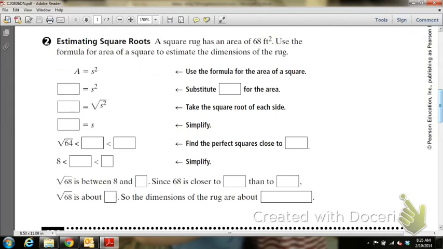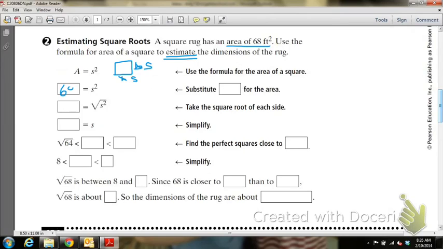Okay, so now we're going to estimate square roots. A square rug has an area of 68 feet squared. Use the formula for area of a square to estimate the dimensions of the rug. So we know that area of a square, or area of a rectangle, is base times height, but in a square they're going to be the same. So it's side times side, or side squared.